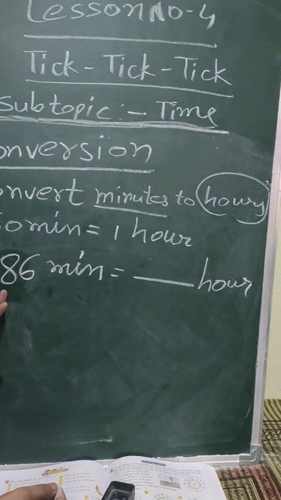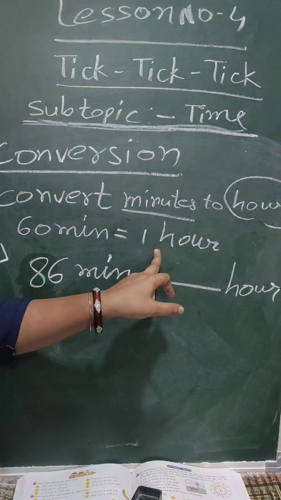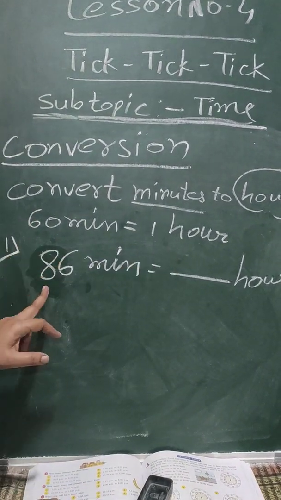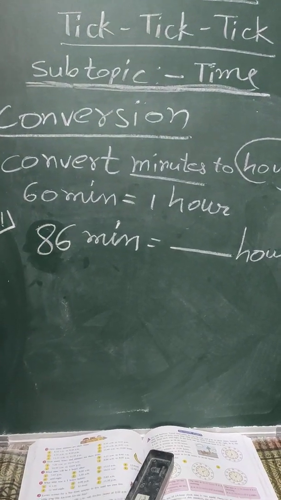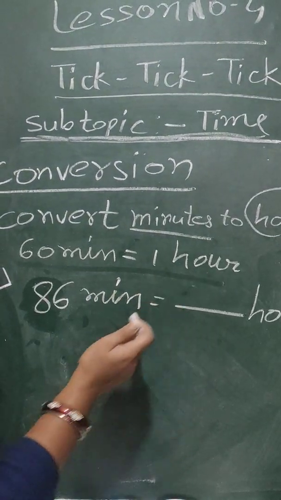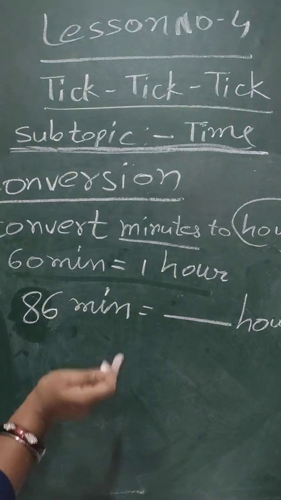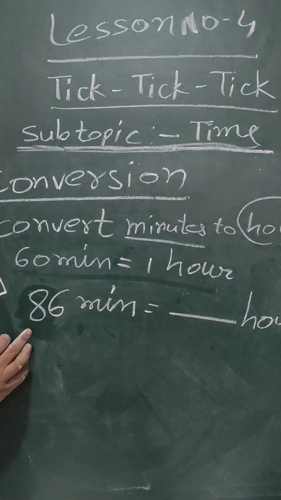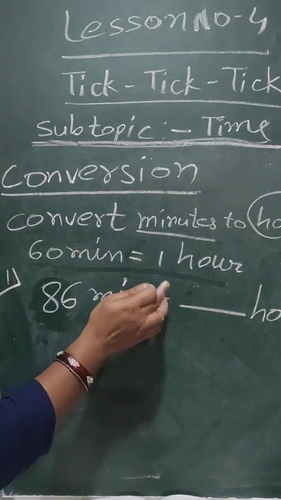What is given? 60 minutes equal 1 hour. So we will divide this number by 60, because 60 minutes equal 1 hour. Whenever we convert minutes to hours, we need to divide the number of minutes by 60 to get the hours.